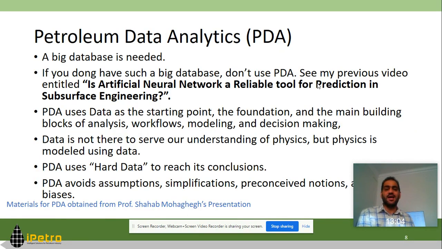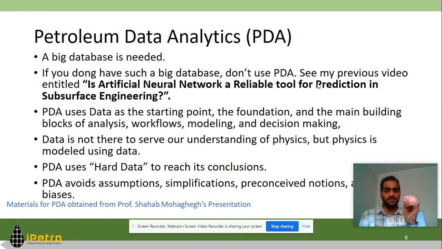However, in petroleum data analytics, PDA, Professor Shahab Mohaghegh is the pioneer of developing PDA and using PDA in the industry. At the first step, PDA needs a very big and large database. If you don't have such a big database, based on the professor's comment, don't use PDA.